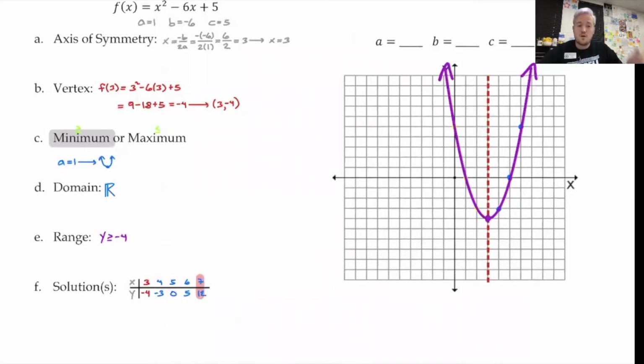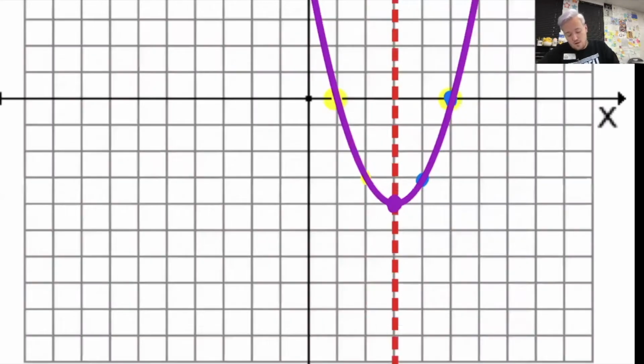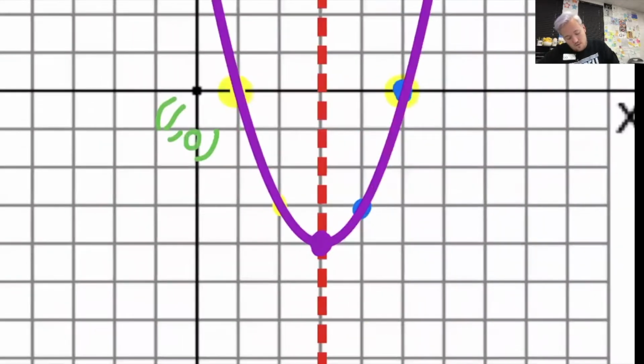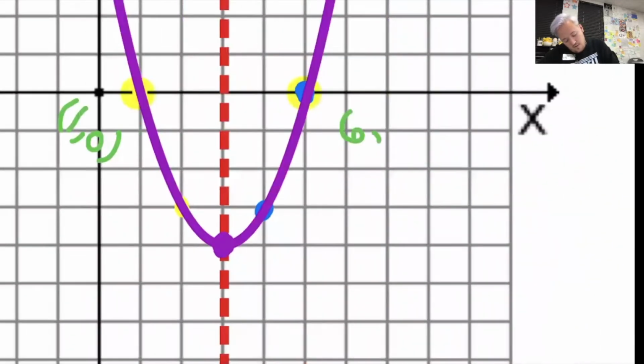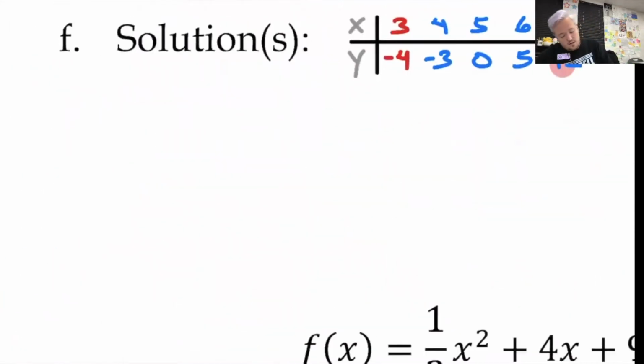So remember, we're emphasizing the solutions in this one. So your solutions here are going to be where it crosses the x-axis. So these 2 points here are really what we're looking for. So that coordinate here, we have 1, 0, and we have 5, 0.